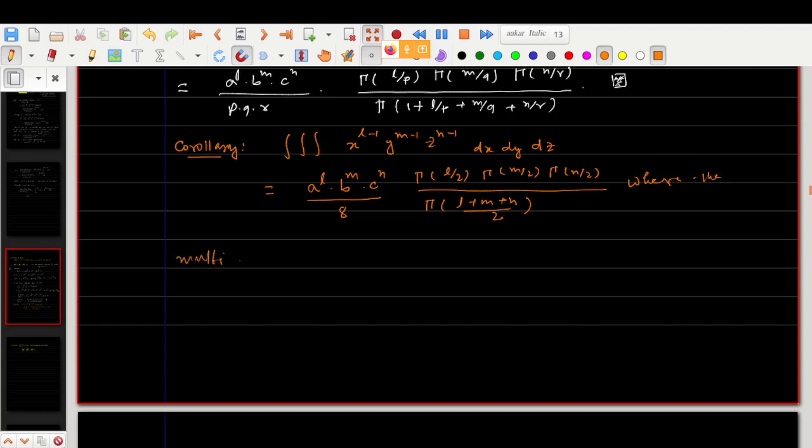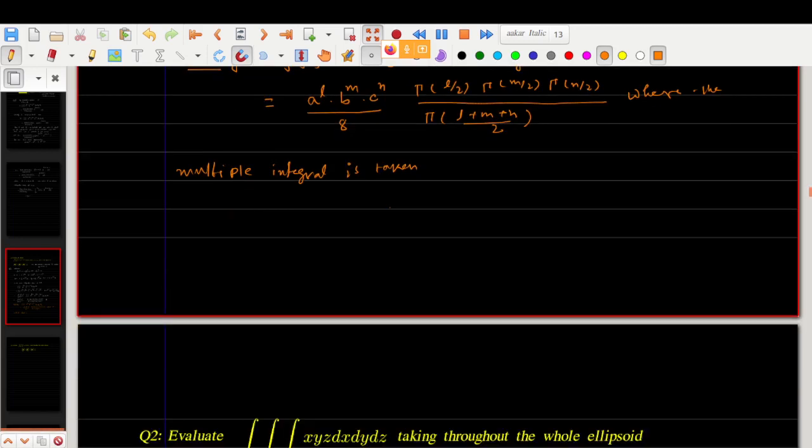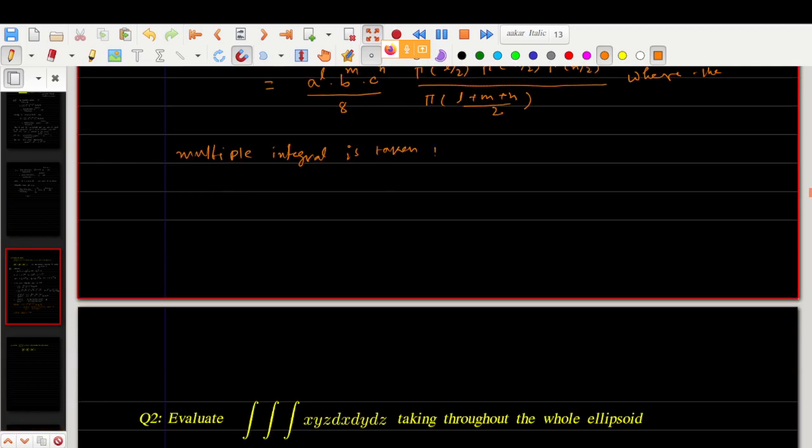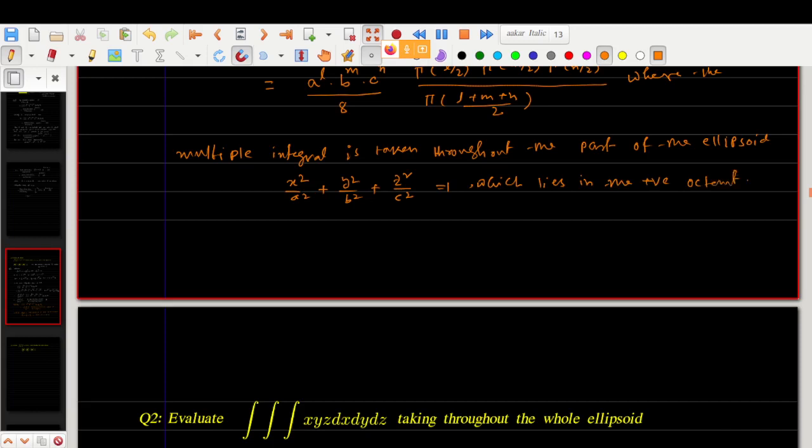is taken through the part of the ellipsoid x square by a square plus y square by b square plus z square by c square equals 1, which lies in the positive octant.